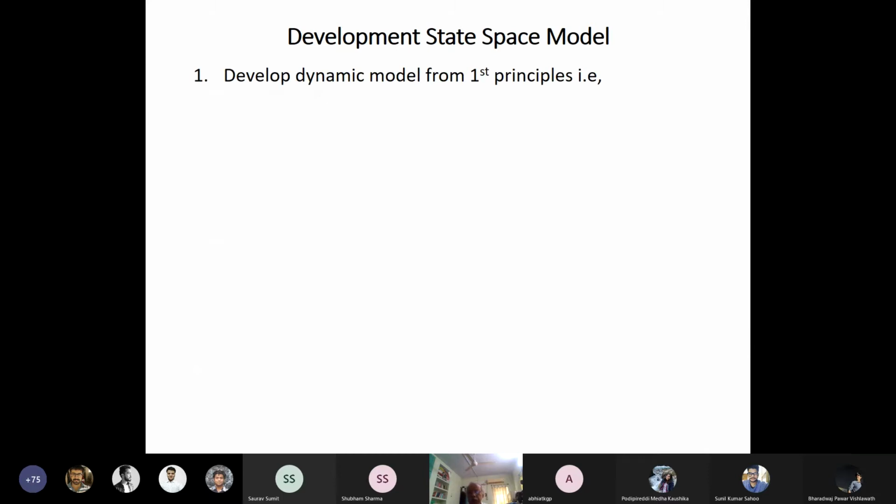So the first step is you develop a dynamic model from the first principles, which is x dot is equal to f(x, u), and then once you have a dynamic model, you define the control objective. Once you define the control objectives, then y should be a function h(x, u).